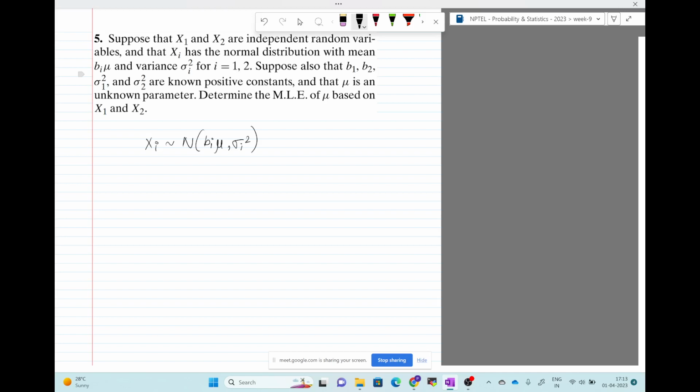We are asked to determine the maximum likelihood estimate of mu based on x1 and x2. I think it is very much similar to what we have been doing before.